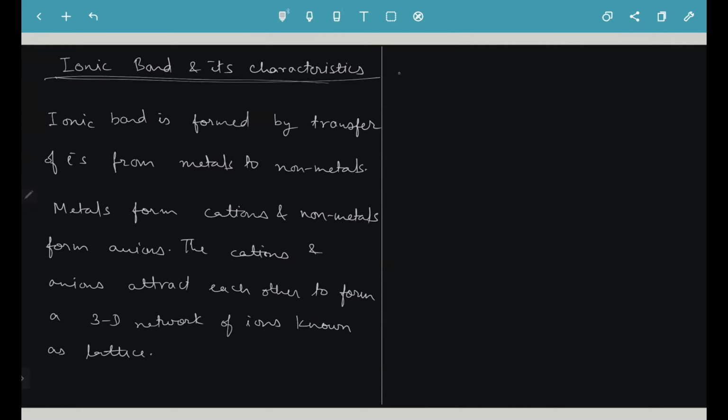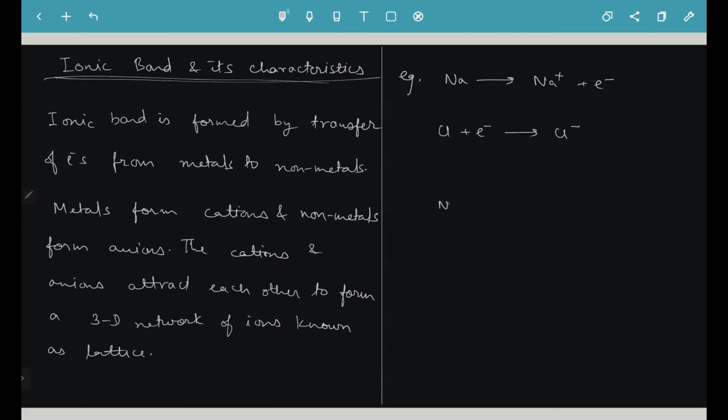For example, a sodium atom loses electrons to form Na plus. A chlorine atom gains electrons to form chloride ions. The Na plus and Cl minus ions attract each other to form a lattice.